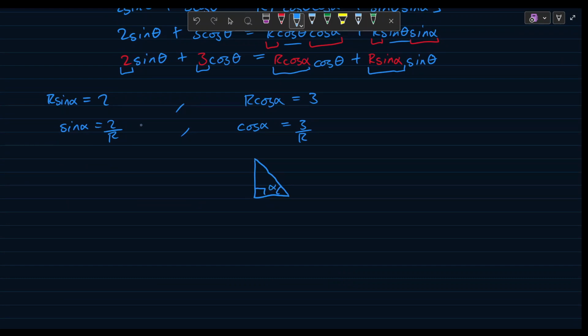We know that sine is opposite over hypotenuse, cos is adjacent over hypotenuse. So our opposite is going to be 2, and our adjacent is going to be 3. Our hypotenuse is r. So r is going to be, again, the square root of 2 squared plus 3 squared using Pythagoras. So r is still root 13.